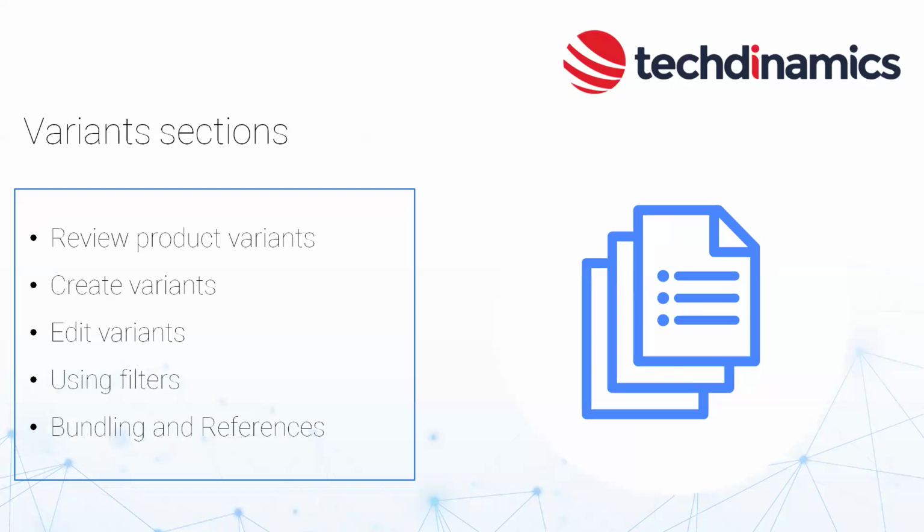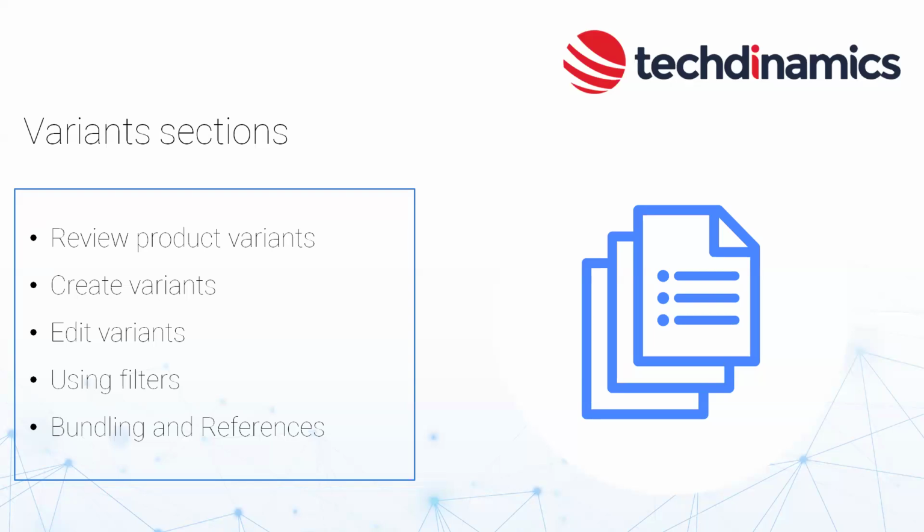As for variants, there's a separate section for variants. When you define SKUs in techOMS, you could have, for example, a Bluetooth speaker. That Bluetooth speaker might come in different colors, even the same model. So let's say that you have a different stock for those. People buy more of the green one because they like it better, or they like the black one because it just doesn't catch the eye that much.